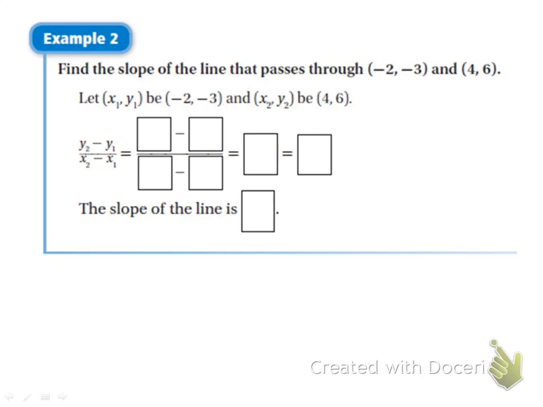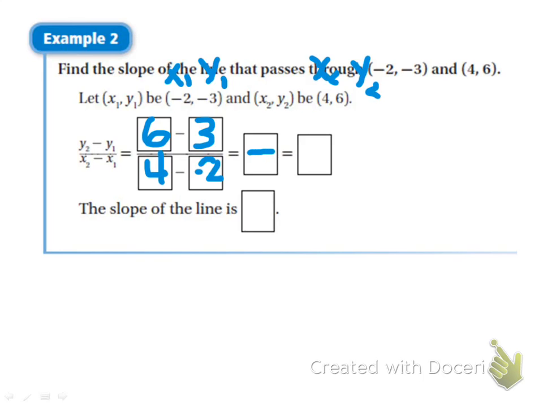So this is going to be my x1, y1, x2, y2. Okay, so we're going to put in y2, which is 6, y1, which is 3, x2, which is 4, x1, which is -2. So now I can subtract.